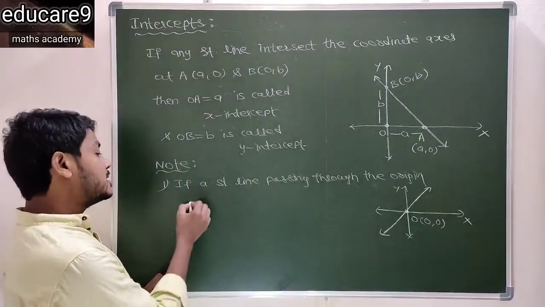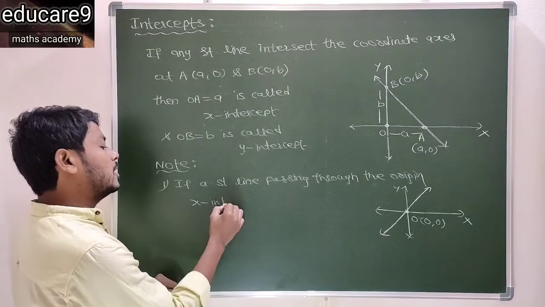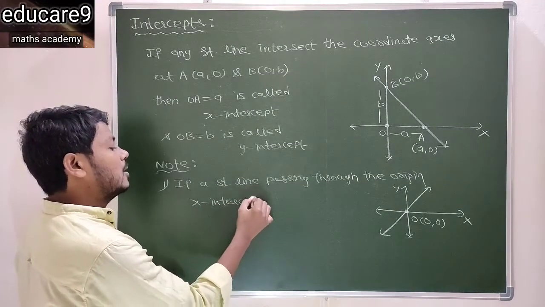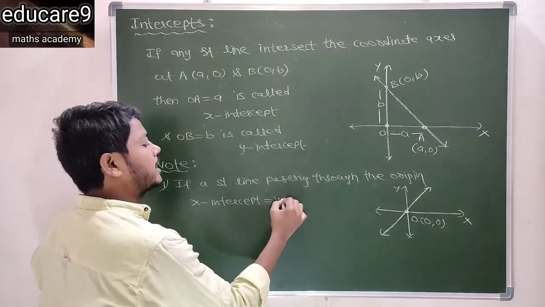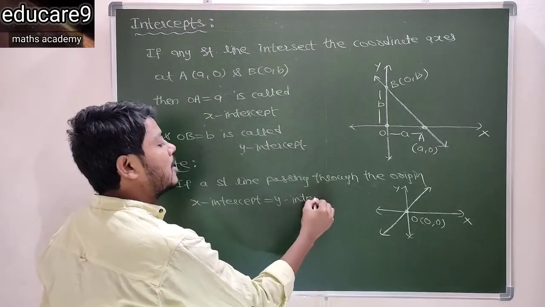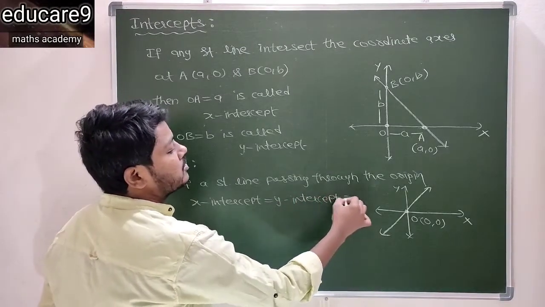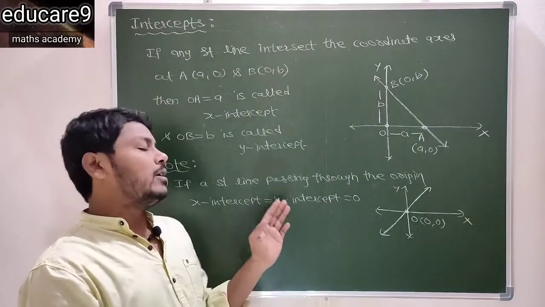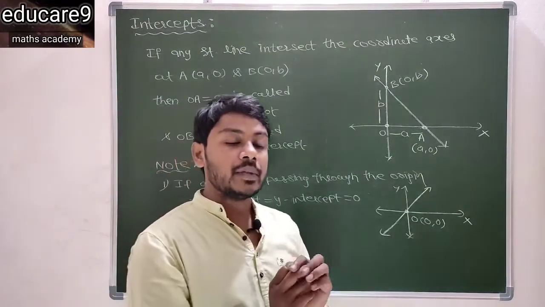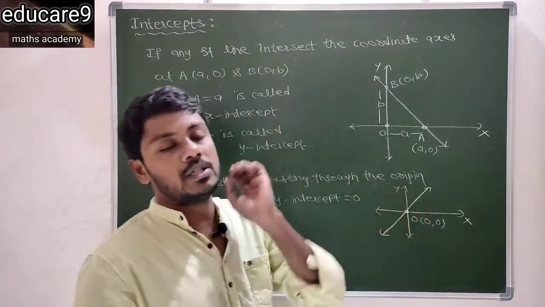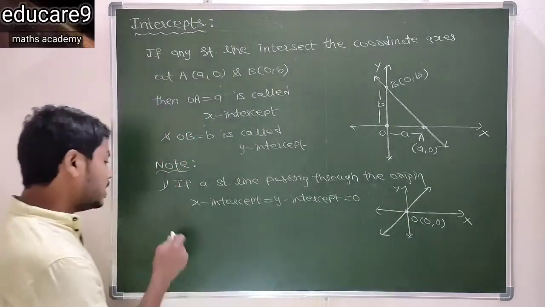So in that case, x intercept is equal to y intercept is equal to 0. It means both x and y intercepts are equal to 0 if the straight line is passing through the origin.